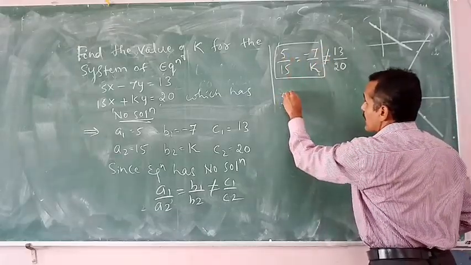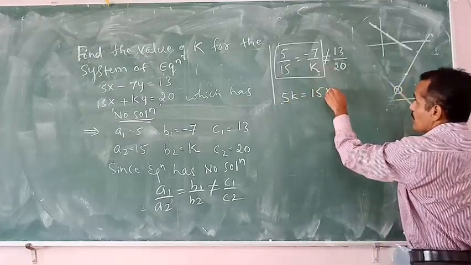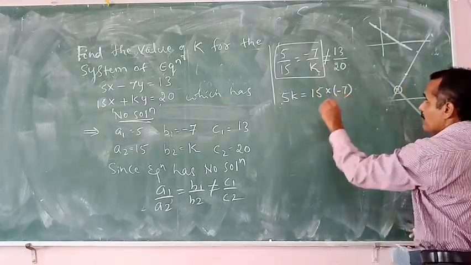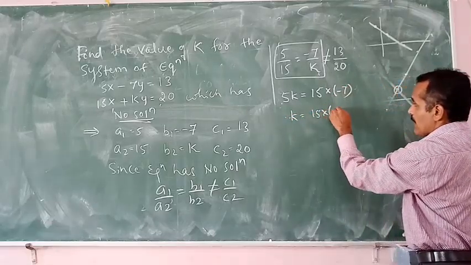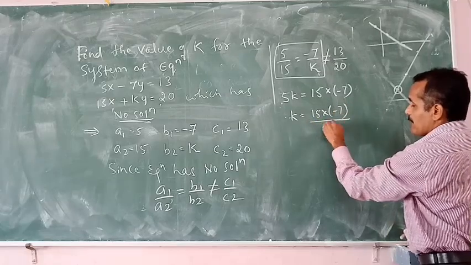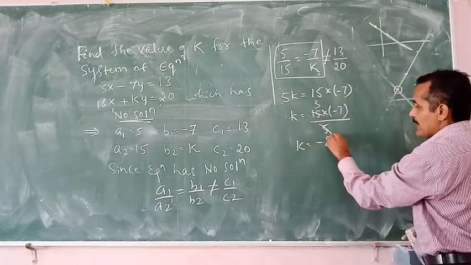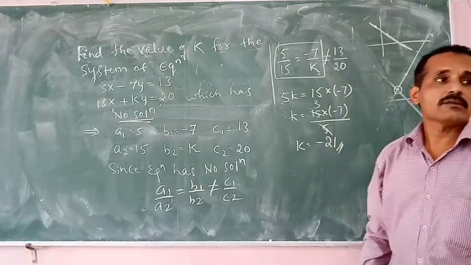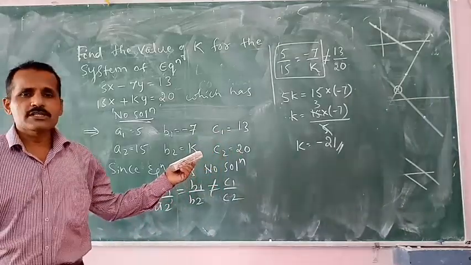It is 5k equals 15 into minus 7. Therefore, k is equal to 15 into minus 7 divided by 5. K is equal to minus 21 is the answer. This is a very simple way to solve these problems.